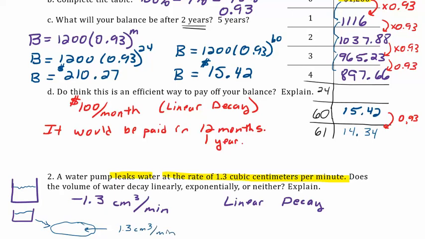So we don't have a lot of context here to tell if it's decay or growth, but from our choices, does the volume of water decay linearly, exponentially, or neither, we would say linearly. Depending on the context of where the water is, you could make an argument for decay or growth. But we certainly have a 1.3 cubic centimeter per minute change in the amount of water, which is constant and therefore linear.